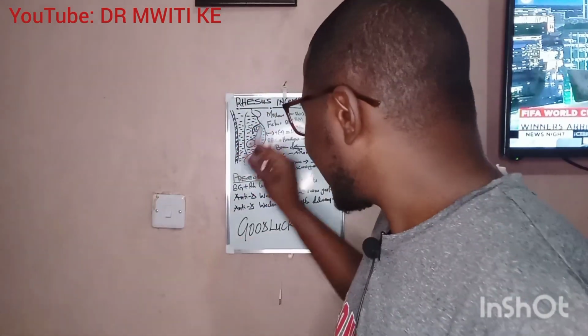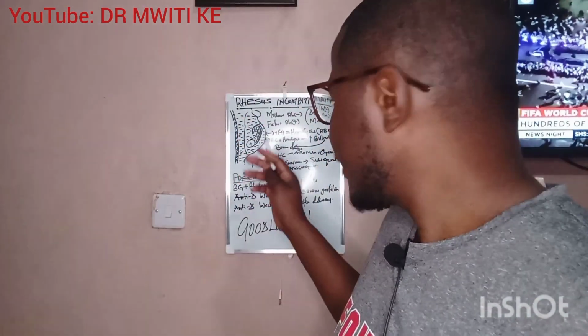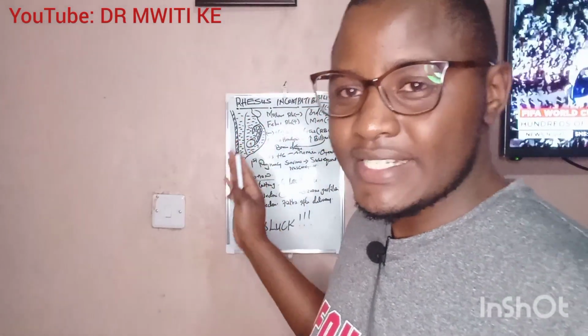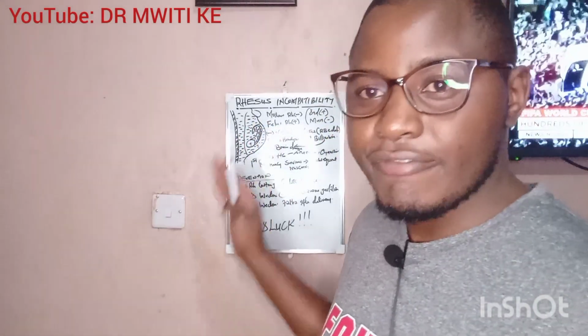So any pregnancy that you carry that contains a Rhesus positive fetus will end up in a miscarriage. All right? So that is one complication of this Rhesus incompatibility, and that is the main effect of issues with incompatible Rhesus. All right?